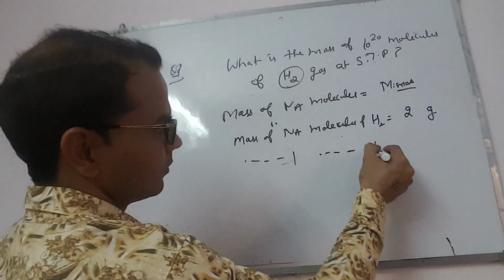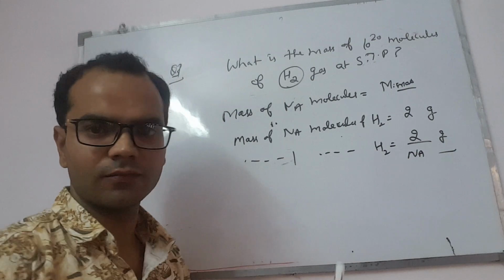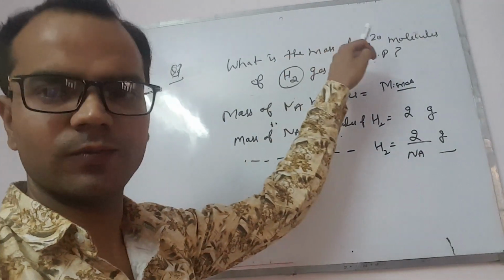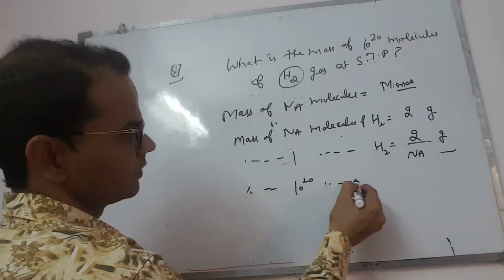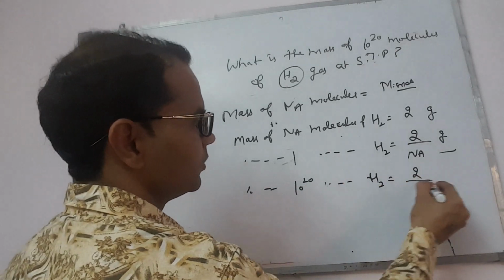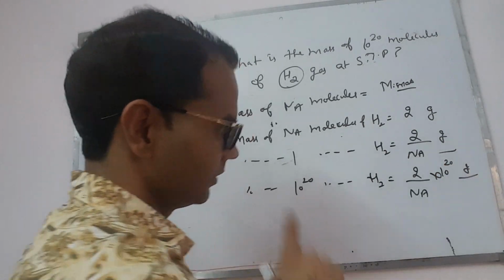Mass of one molecule of hydrogen is 2 by Na gram. And we are provided 10 raised to power 20 molecules. Mass of 10 raised to power 20 molecules of hydrogen is 2 by Na into 10 raised to power 20 gram.